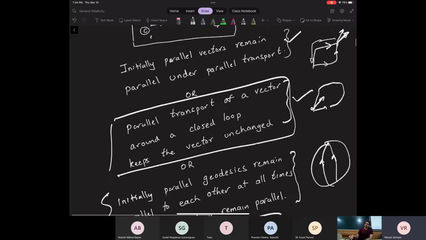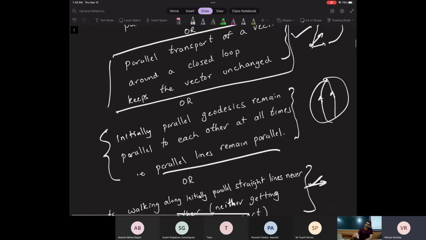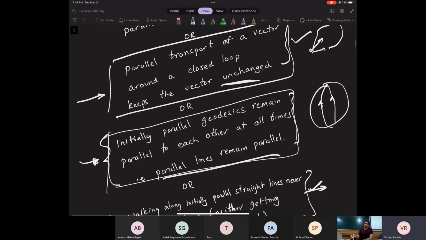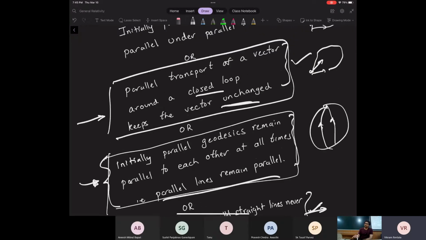What we'd like to do is see the equivalence between these 2 definitions of curvature. That is, parallel transport of a vector around a closed loop keeps the vector unchanged in flat space. Can I also see that in terms of geodesics? In a curved space, we've seen that parallel transport of a vector around a closed loop does not keep the vector unchanged.